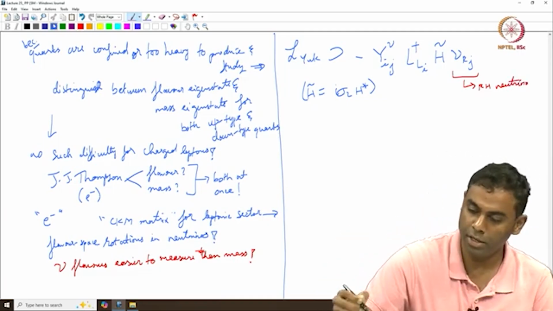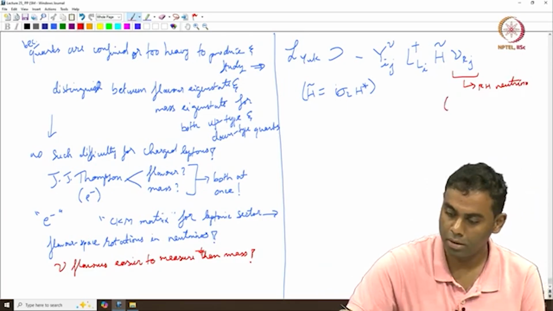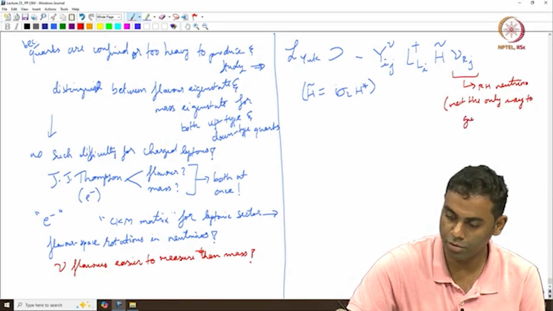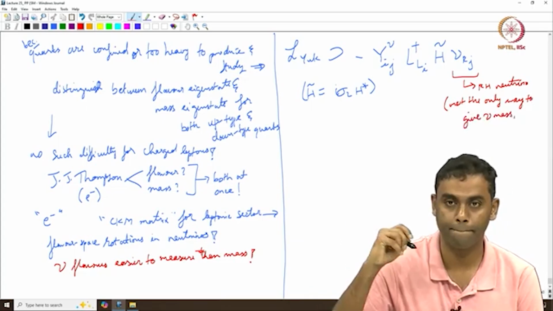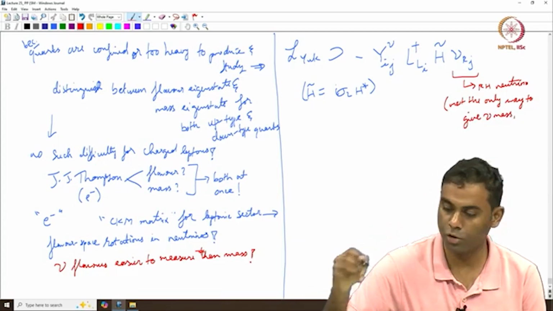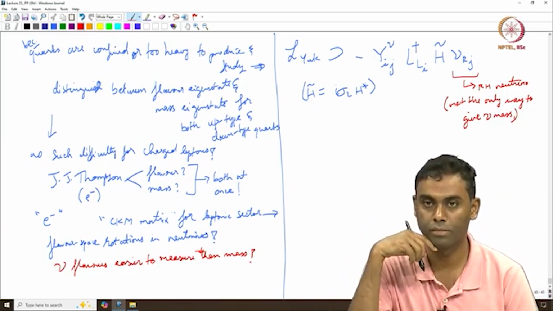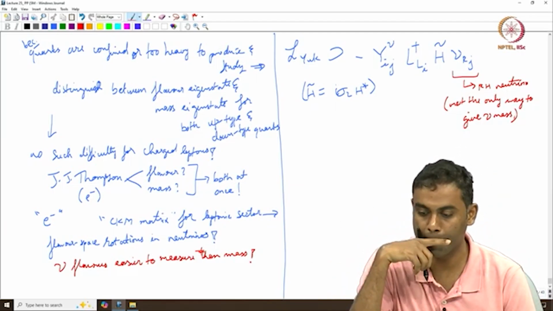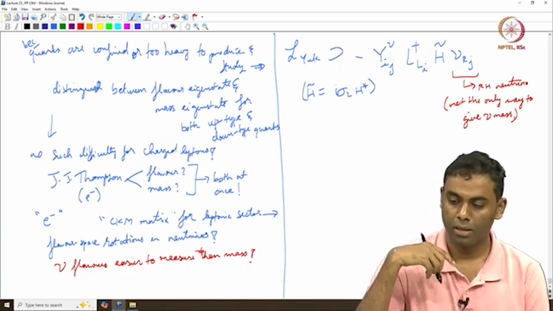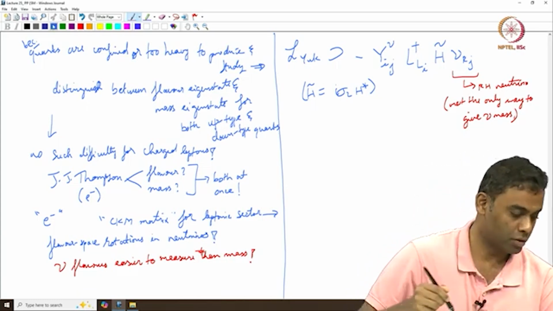So this is not the only way. So let me just write down, not the only way to give mass to neutrinos, but we will go with this now. This is good enough for our discussion.